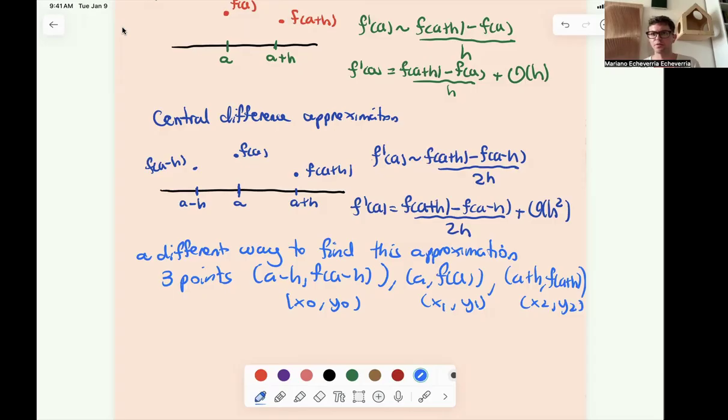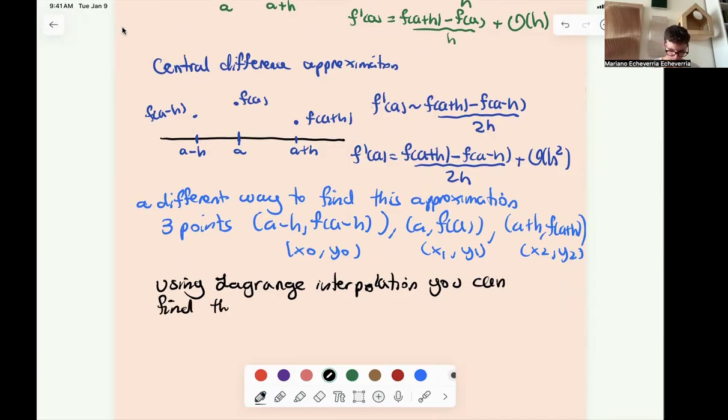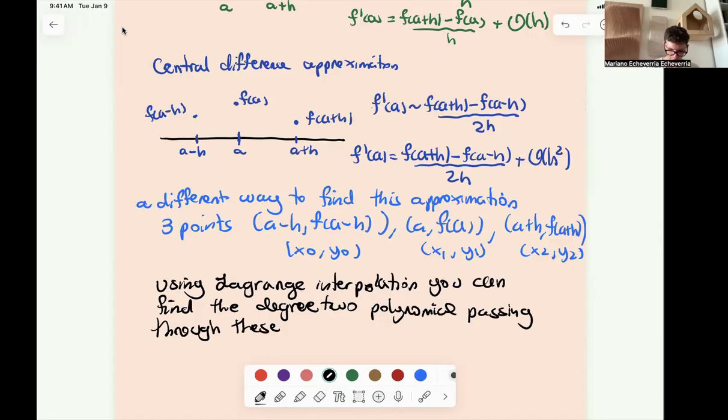So using Lagrange interpolation, you can find a degree 2 polynomial through these 3 points.